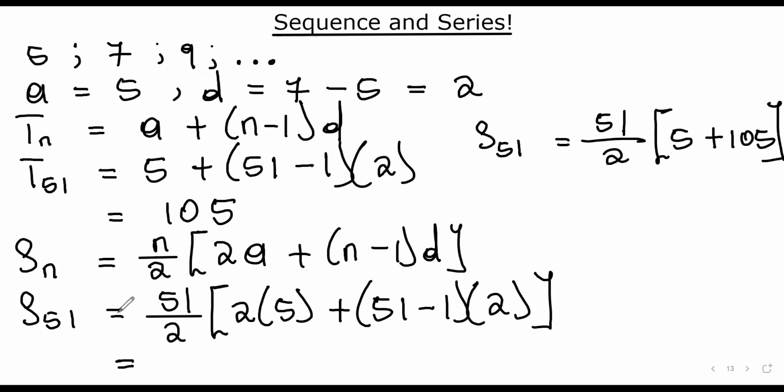And in both of those cases, when you substitute everything into your calculator, you simply get 2,805. That is the sum of those 51 terms.